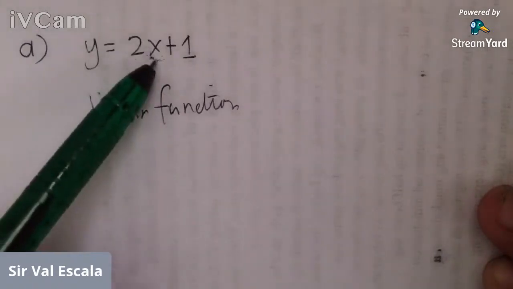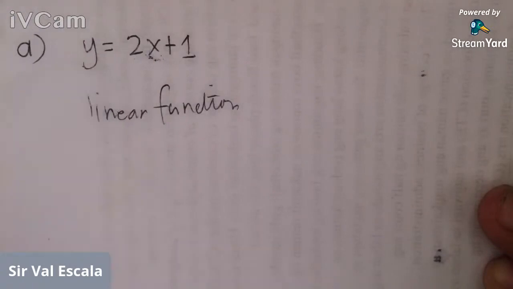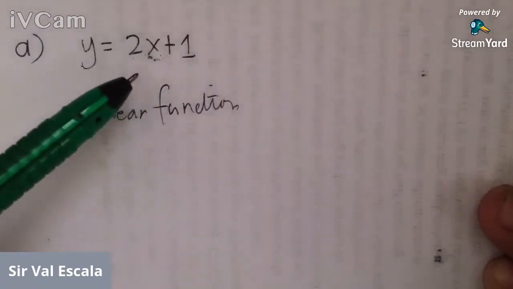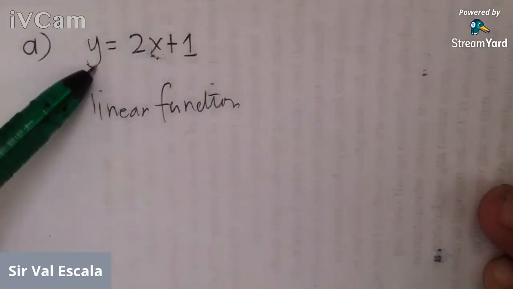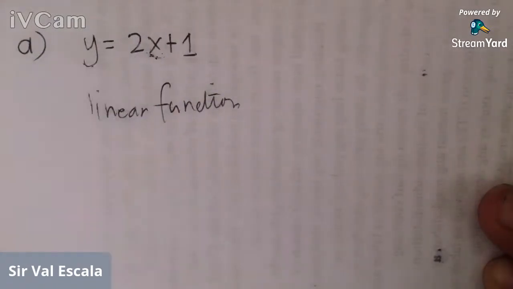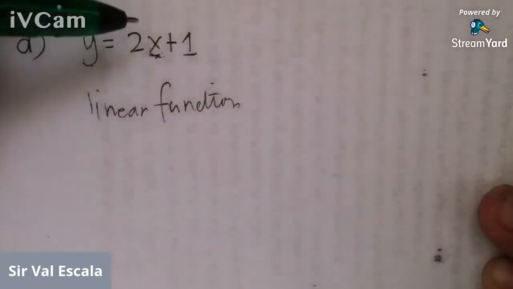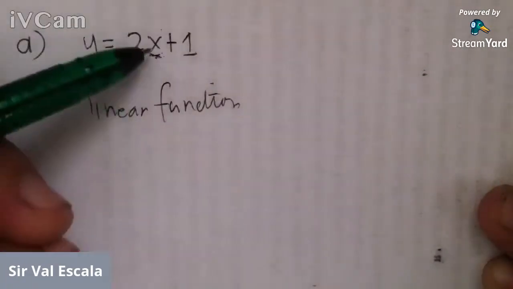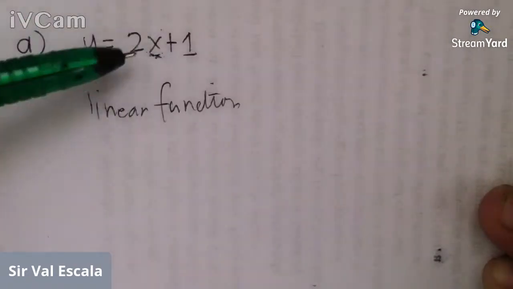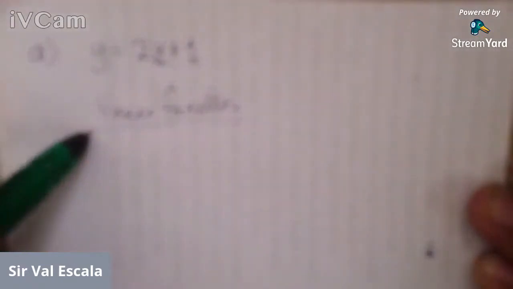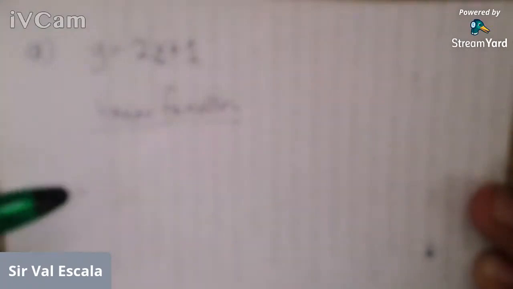Ang input natin is si x, ang y naman is si output. Pwede magbago yung letter dyan, depende sa example. Pwede maging A, pwede maging B. Kapag ang pinakamataas na exponent ng x natin ay 1, pag wala kayong nakikita dyan, ibig sabihin ang exponent nyan ay 1. So, it counts as linear function.